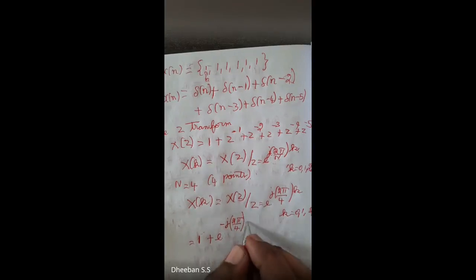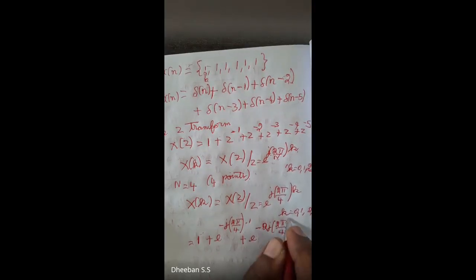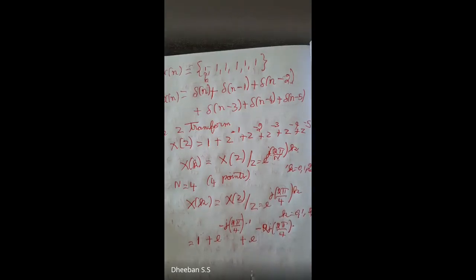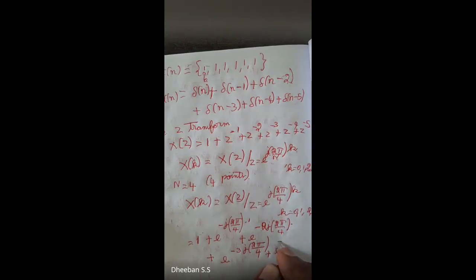The next one is e to the power minus j 2 pi by 4 into 1. Next, e to the power minus 2j 2 pi by 4, since the k value is 2. Next plus e to the power minus 3j 2 pi by 4. Next plus e to the power minus 4j 2 pi by 4.